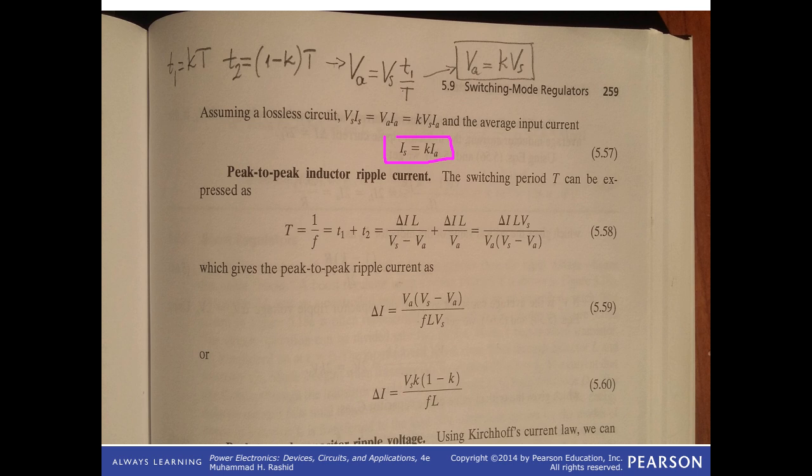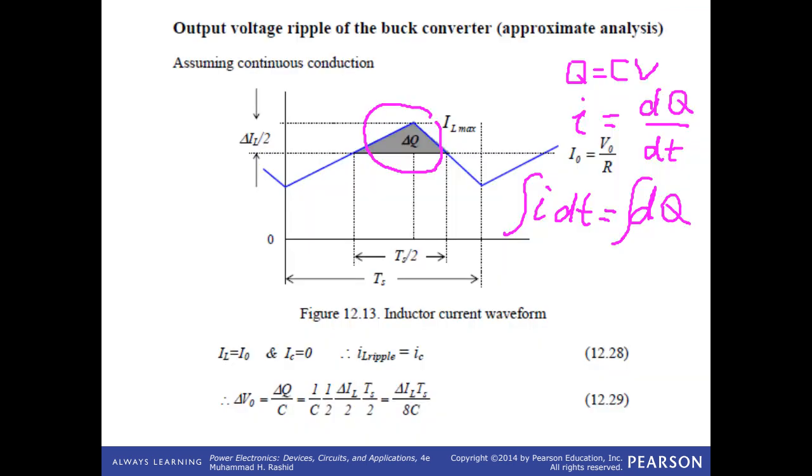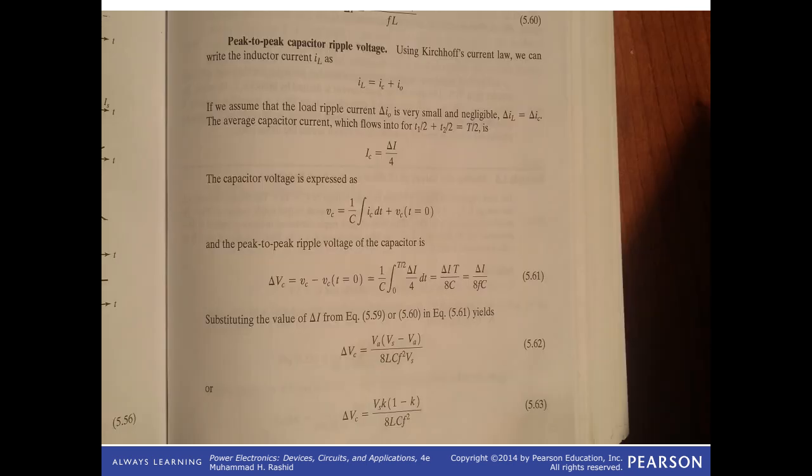For this one, delta VC could be obtained as Vc times K times (1 minus K) over 8 L C f squared.